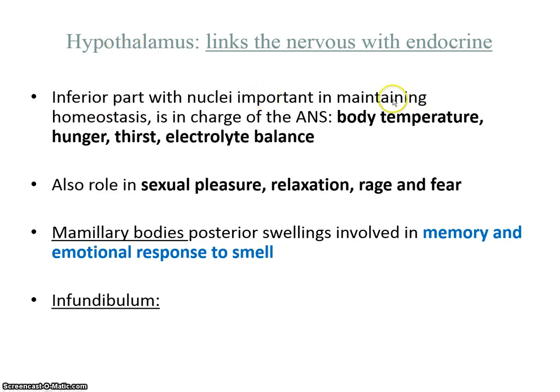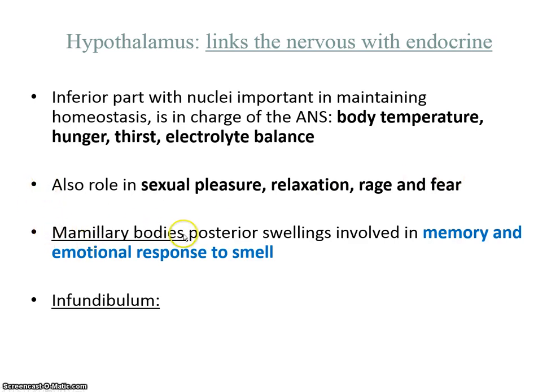Nuclei here are important in maintaining a lot of different homeostatic processes. It is in charge of the autonomic nervous system, so a lot of influence on the autonomic nervous system begins in the hypothalamus. Body temperature, hunger, thirst, electrolyte balance are all things that are the responsibilities of the hypothalamus. It has a role in sexual pleasure, relaxation, rage, and fear, so emotions and moods are part of the hypothalamus as well.